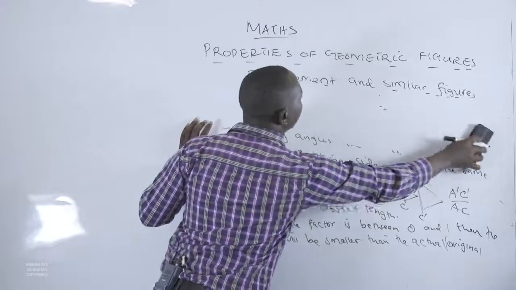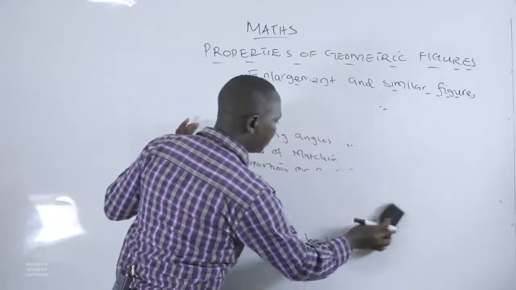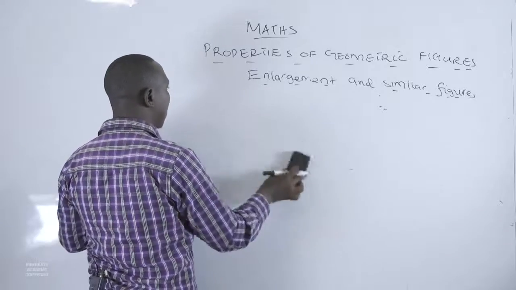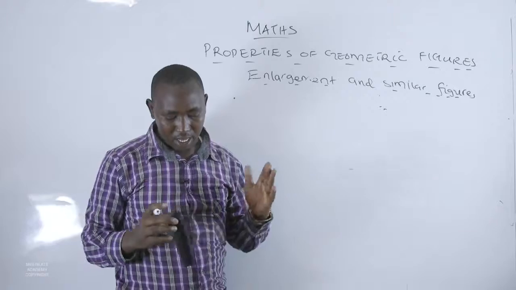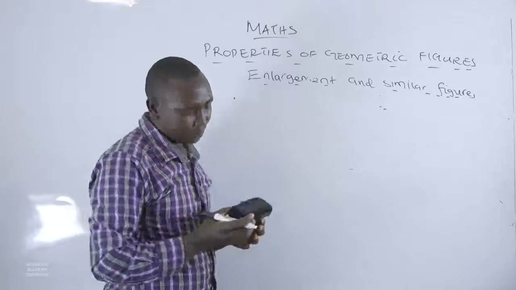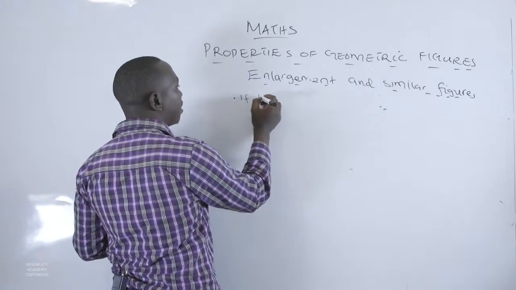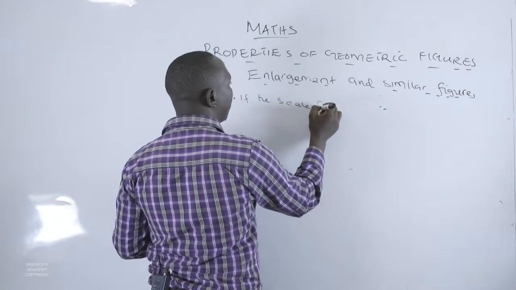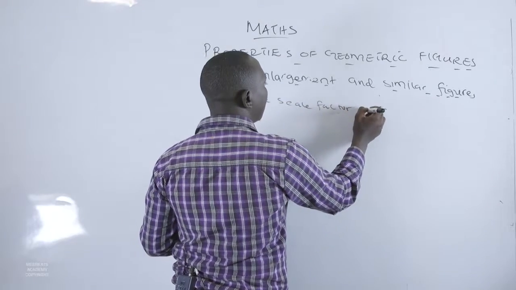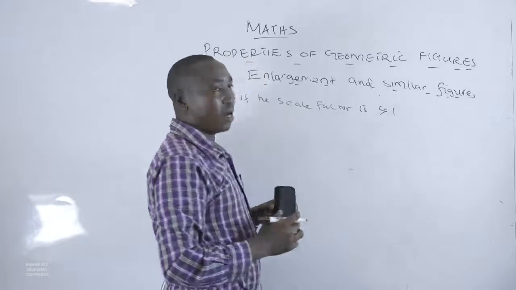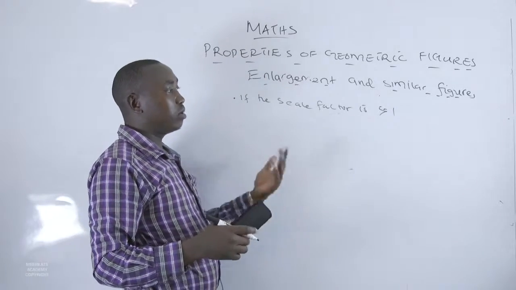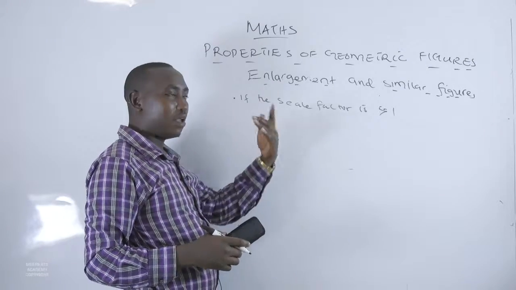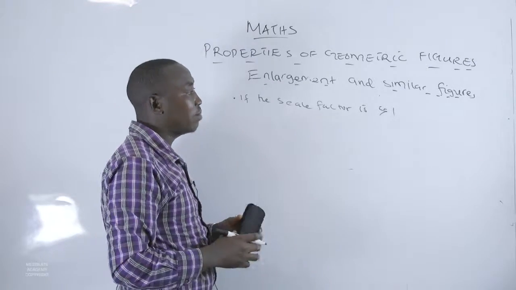The second point on the scale factor: what if the scale factor is greater than 1? If the scale factor is greater than 1, that means it can be 1.1, 1.2, it can be 2, 3, 4, 5 to infinity.